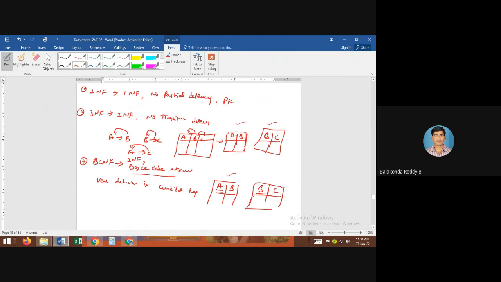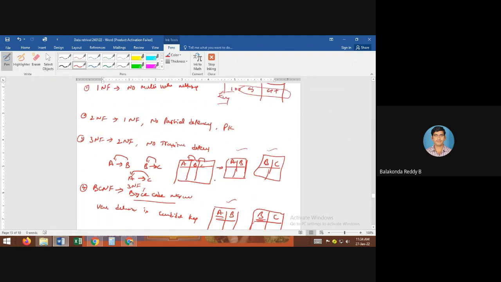Okay. So first normal form rule is no multi-value attribute in your table; then the table is in 1NF. Second one is no partial dependency, means if your table has a primary key, that is called 2NF. Third normal form means no transitive dependencies in a table.